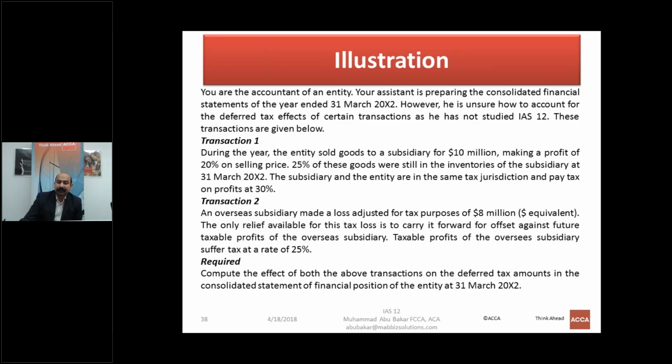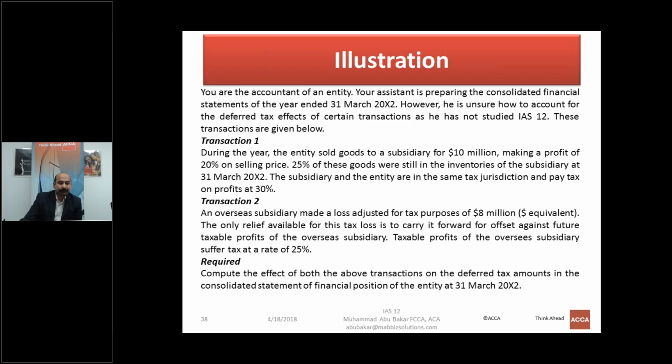Transaction 1: during the year, the entity sold goods to a subsidiary for $10 million, making a profit of 20% on selling price. 25% of these goods are still in the inventories of the subsidiary at 31st March 2022. The subsidiary and the entity are in the same tax jurisdiction and pay tax on profits at 30%.